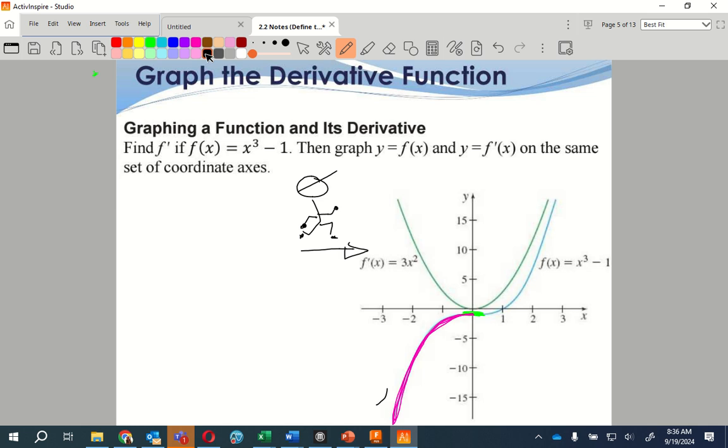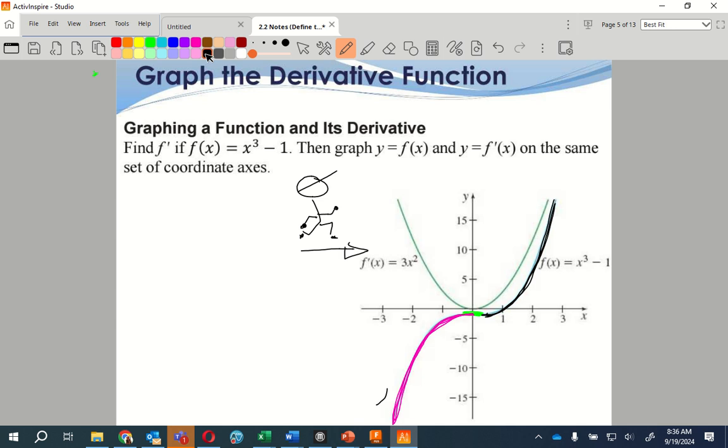And then he will continue at that point and he will keep going up again. He will continue going up right there. So he's going to go all the way up. So now from here, is there any place on this graph where he's going to be going downhill? He's not going to go downhill at all, right?